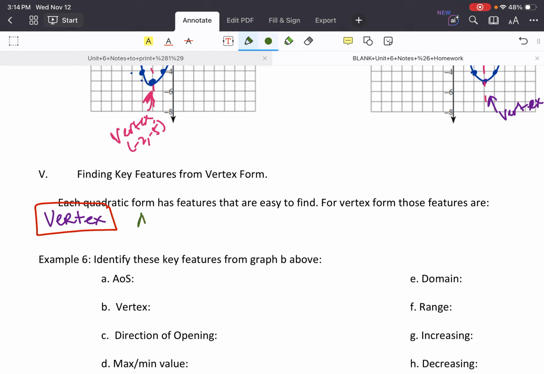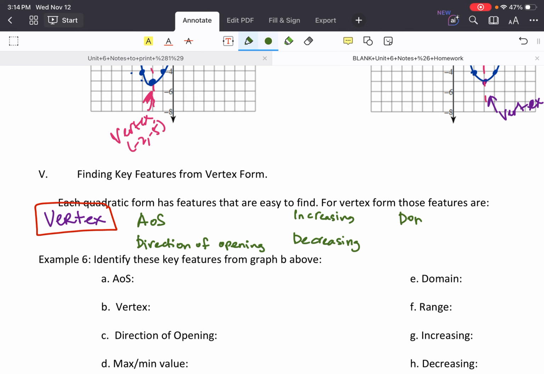It can also give us the axis of symmetry. It can also give us the direction of opening, that's concave up or concave down. It can also give us increasing and decreasing, since they're based on the direction of opening and the axis of symmetry.